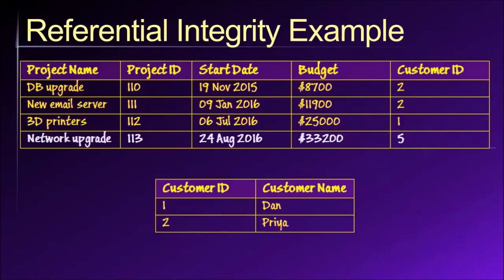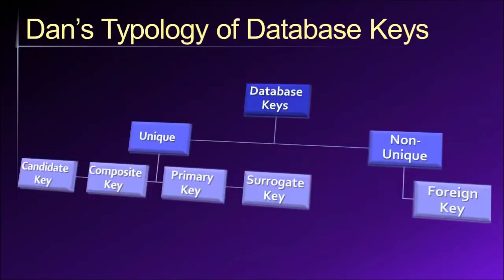Customer ID is a foreign key, but as we can see, because more than one row can have the same value for the customer ID, this means that foreign keys are non-unique keys. If you recall Dan's topology of database keys, remember that we subdivided all database keys into 2 groups, unique and non-unique. And on the right side of your screen we can see that foreign keys are non-unique. Hopefully, based upon the previous example, you can understand why.